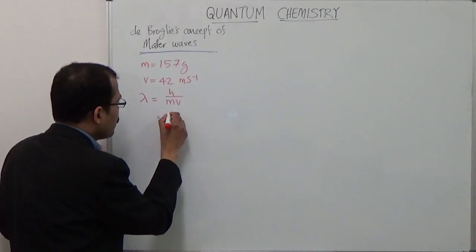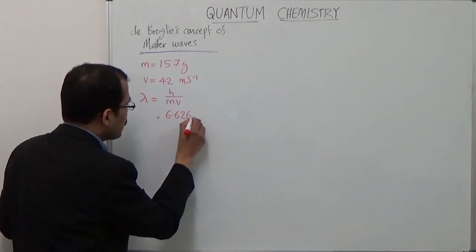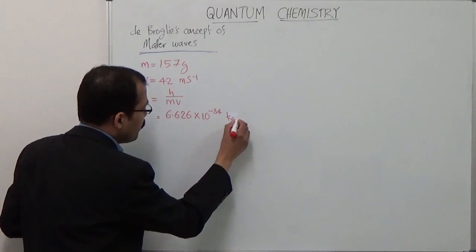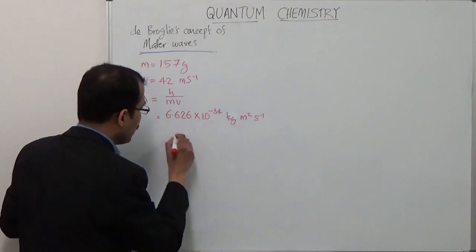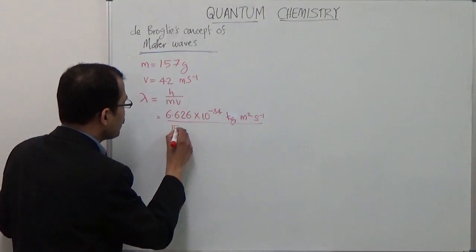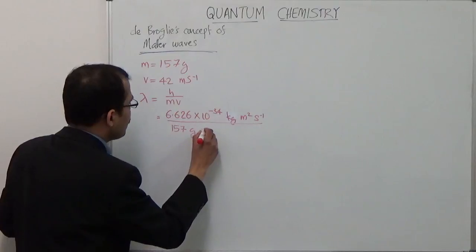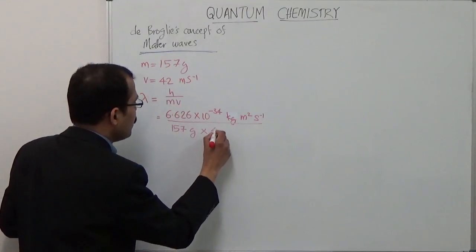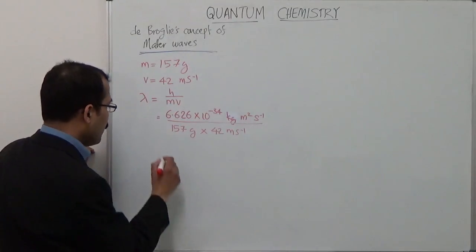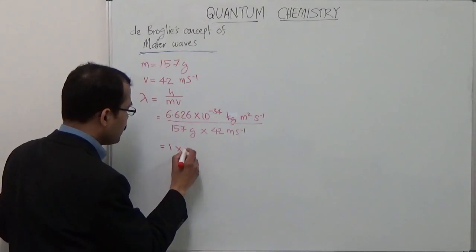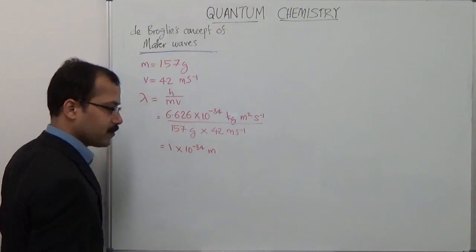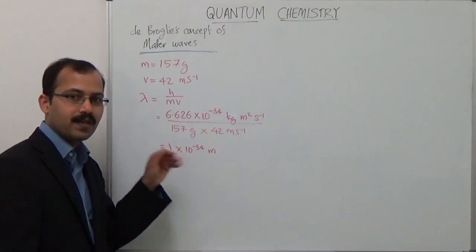That is equal to 6.626 times 10 raised to minus 34 kilogram meter square second raised to minus 1, divided by mass, 157 gram, times velocity, 42 meter per second. And this is equal to 1 times 10 raised to minus 34 meter. This is the wavelength associated with the cricket ball.